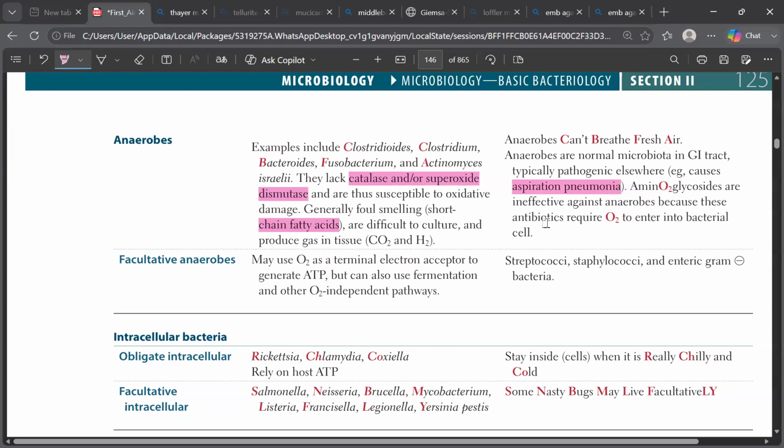Aminoglycosides are ineffective against anaerobes because these antibiotics require oxygen to enter the bacterial cell. So again, they can't breathe fresh air: Clostridium, Clostridioides, Bacteroides, Fusobacterium and Actinomyces.